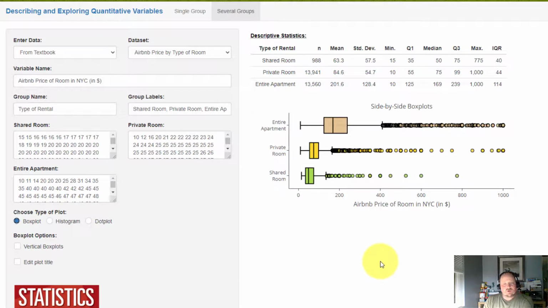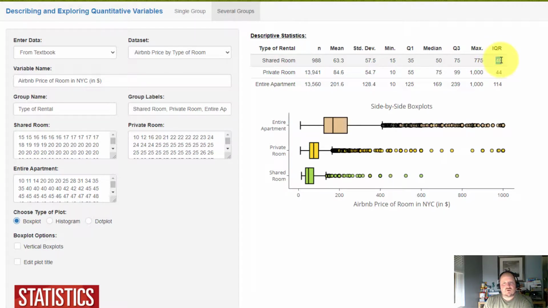So remember, when you're calculating, you start with your min and your max, but once you create the quartiles, the Q1, Q3, that all stem from the median, then you can start saying, well, if I took my interquartile range, in this case for shared room it'd be 40.